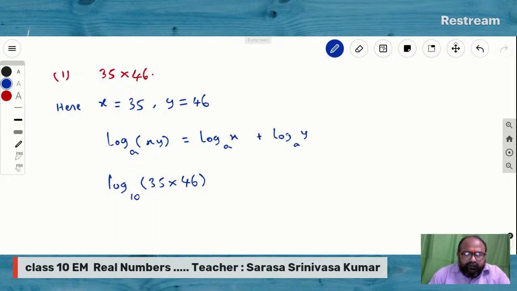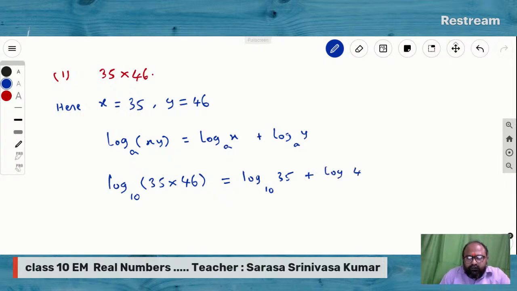So this is base 10, equal to log 35 to the base 10 plus log 46 to the base 10.